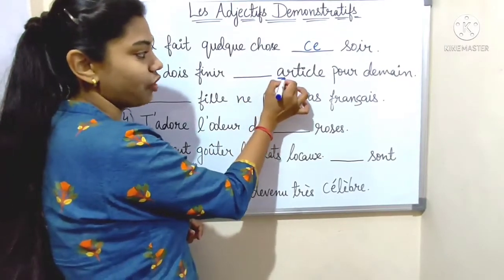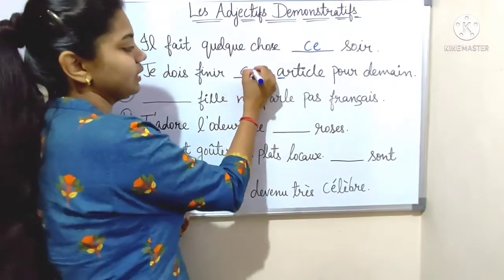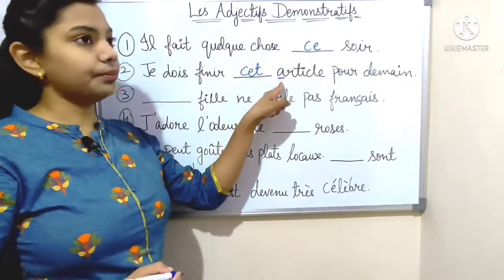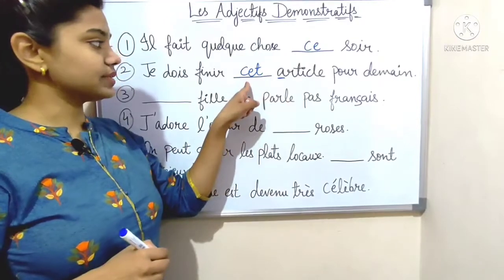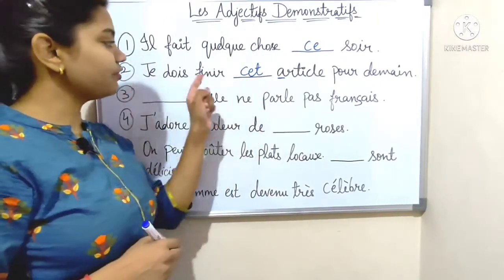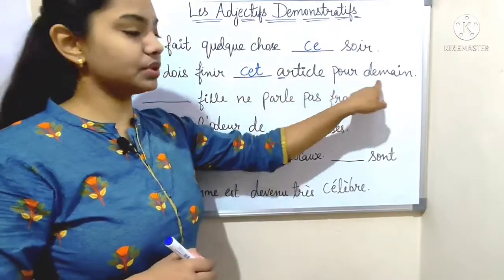That's why we use cet here, because for vowel or mute h we use this demonstrative adjective. Je dois finir cet article pour demain.